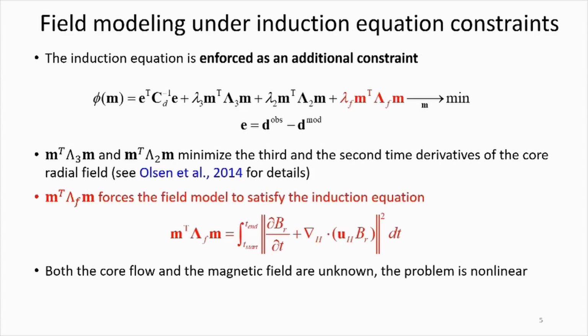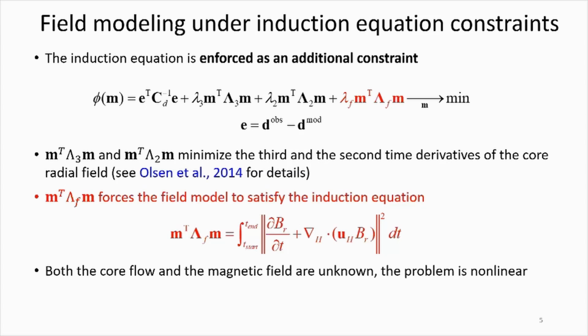In our framework, this induction equation is enforced as an additional constraint in the model inversion objective function. This objective function includes the first term, the data misfit between model prediction and the observations.